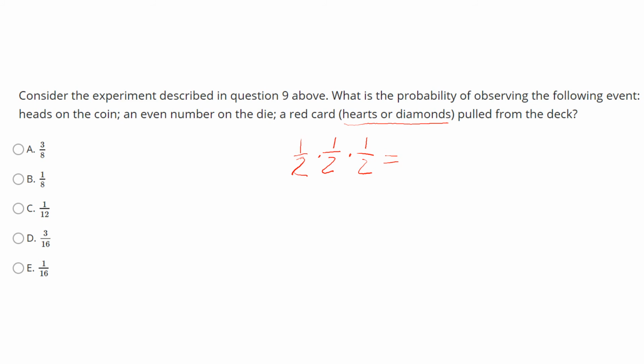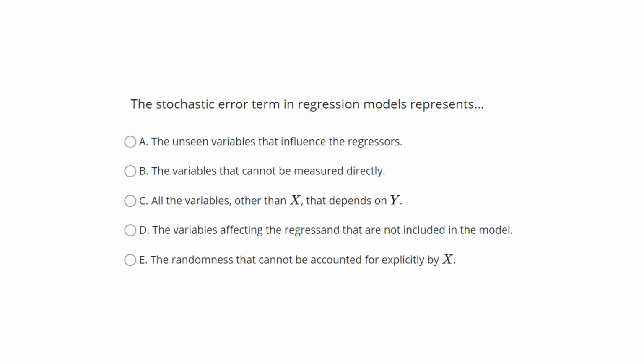Okay, next question. This question states, the stochastic error term in regression models represents what? 5 options are given. We are required to select the best of the 5. Okay, let's go through them one by one. A says the unseen variables that influence the regressors. Usually in regression we are interested in variables that influence the regressand.